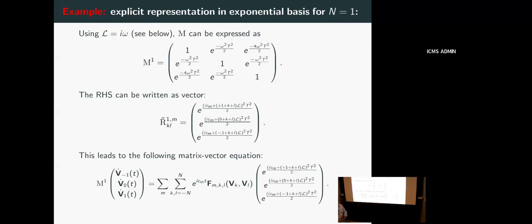So it made sense: the further outside you go, the smaller the contributions are. And the right-hand side is now this vector that can also be computed because we have all the values.